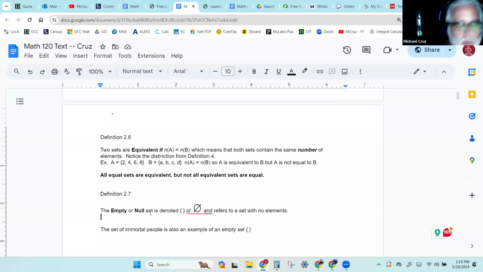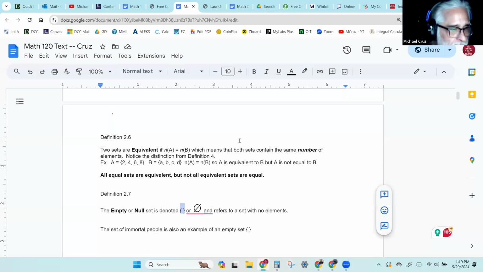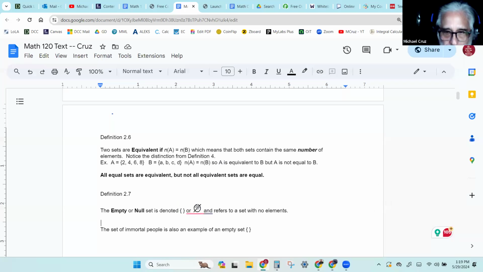But an empty or null set is when it doesn't have any in it. So the most intuitive way to write it is just open your curly bracket and close it, because you put nothing in there, so it's empty. Or you can use this symbol here. But that one, you got to have it usually on a toolbar.